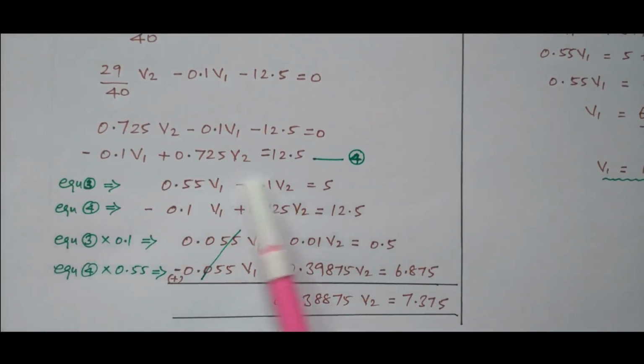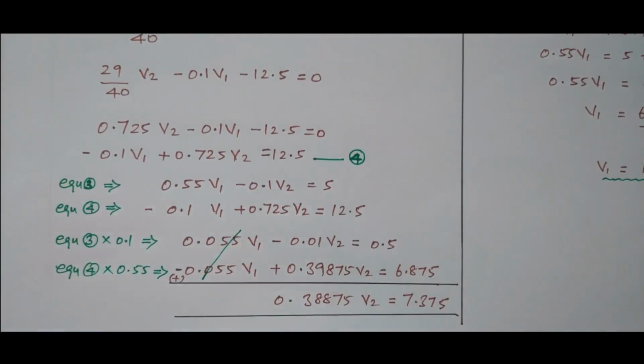So this is equation 3, and this is equation 4. We need to solve these two equations so that we can find V1 and V2. To cancel V1, here 0.55 is available, here 0.1 is available. So we multiply equation 3 by 0.1 and equation 4 by 0.55, oppositely, so that these two terms become equal.